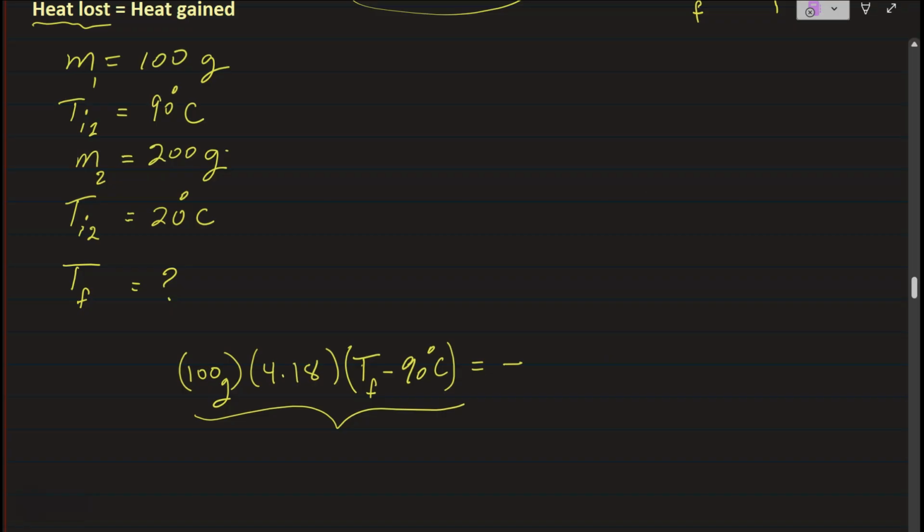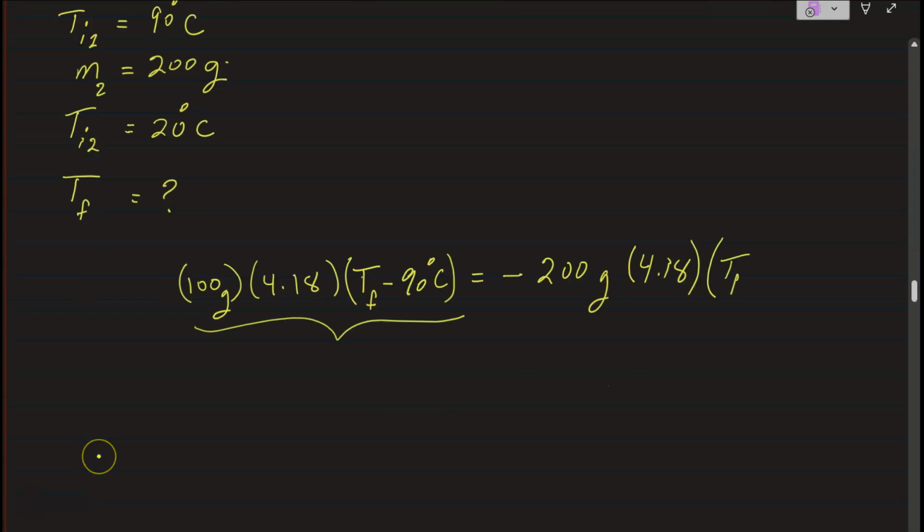So what is that? Well, that is 200 grams, multiplied by 4.18, and then this time we have 20 degrees Celsius and we have T final minus 20 degrees Celsius. Okay, this is the new equation that we have to deal with. So that negative is outside, but it doesn't really matter.